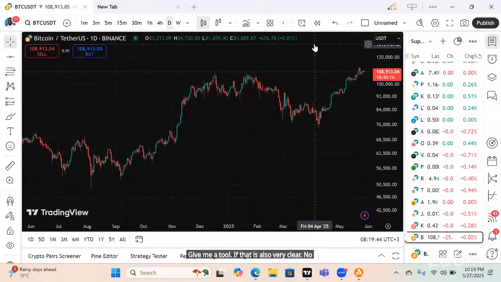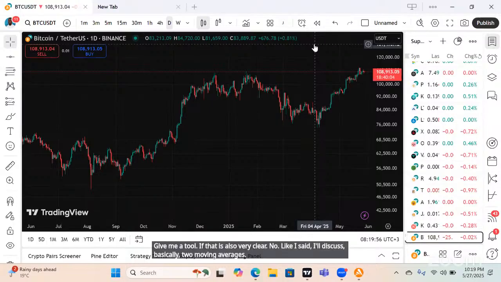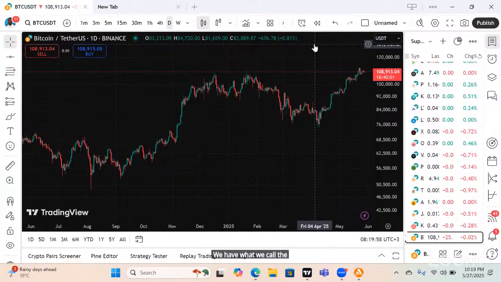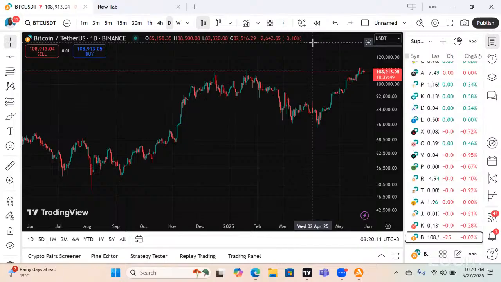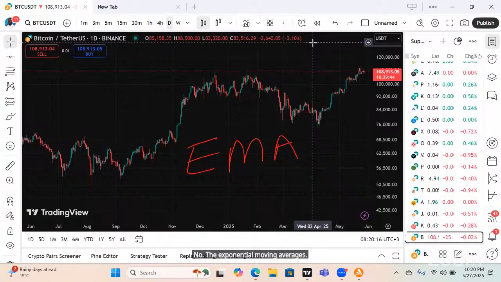Now, like I said, I'll discuss basically two moving averages. We have the simple moving averages, and we have the exponential moving averages. The exponential moving averages also measure the average price over a period of time, like the simple moving averages.